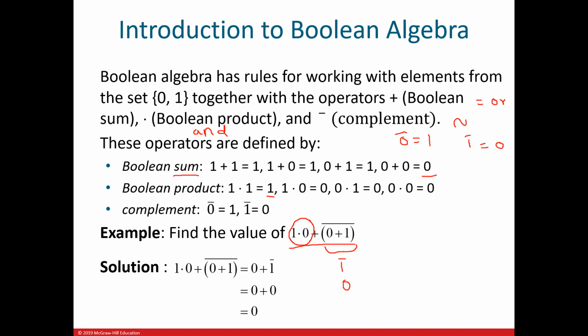Here one value is 1 and the other is 0, so the product we get is 0, and finally it is 0 sum 0, which gives us 0. So if we have any expression given, we should be able to evaluate it using these three basic operations. As we know, sum works exactly like our OR function, product works exactly like our AND function that we did in propositional calculus, and complement works exactly like the negation that we did.